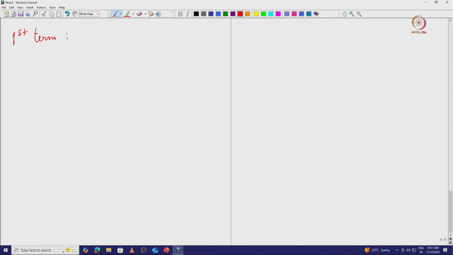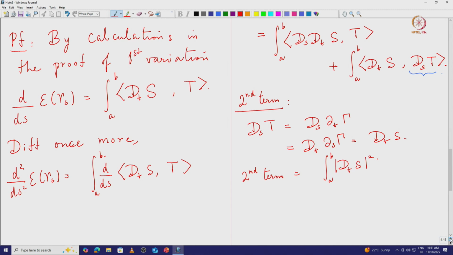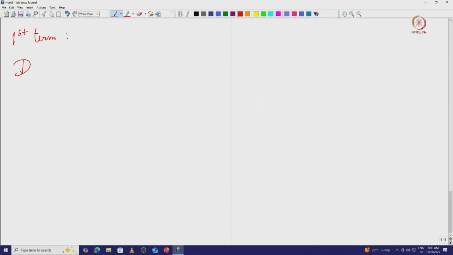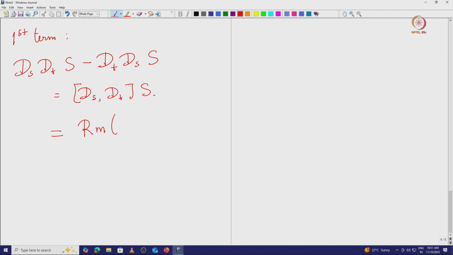The integrand is given by ⟨∇_s ∇_t of S, T⟩, but then if you note the commutator, so if you take minus ∇_t ∇_s of S, that is just the commutator, then that is precisely equal to the curvature term.